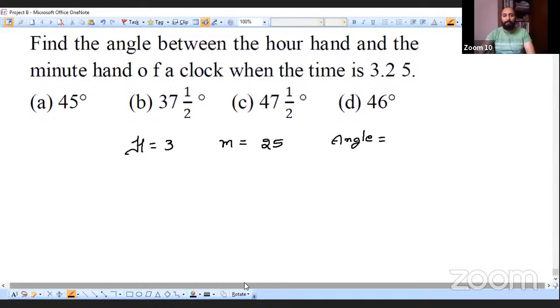Same formula, same formula. They are asking a different thing. What is the angle? 11 by 2 into 25 minutes, plus 30 into 3. Plus or minus, this is plus or minus. So what is the catch here?